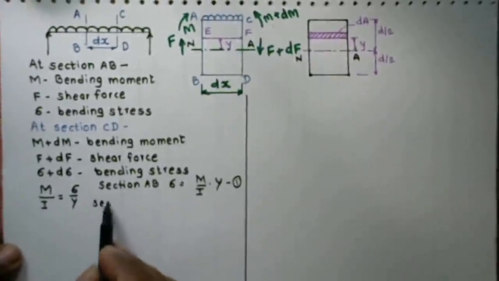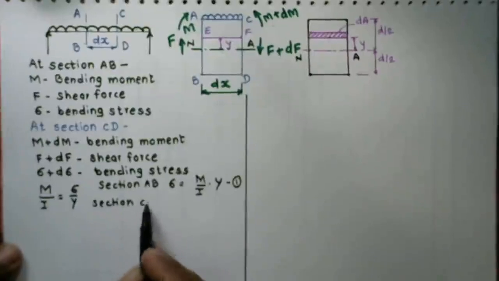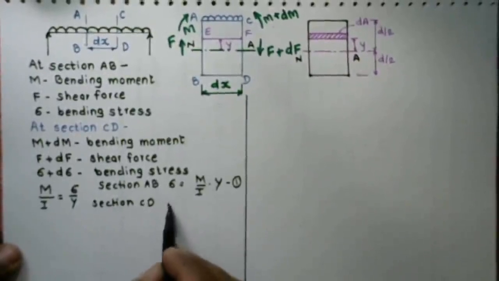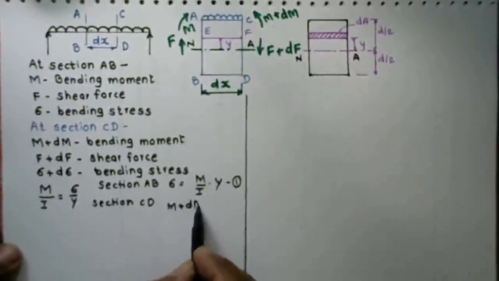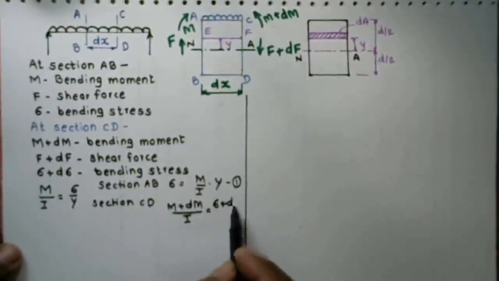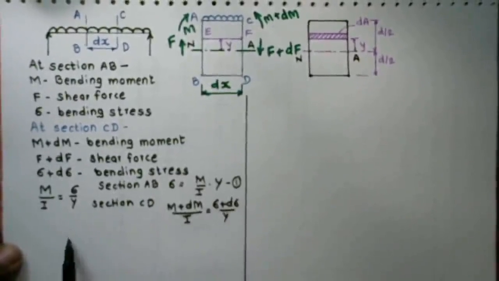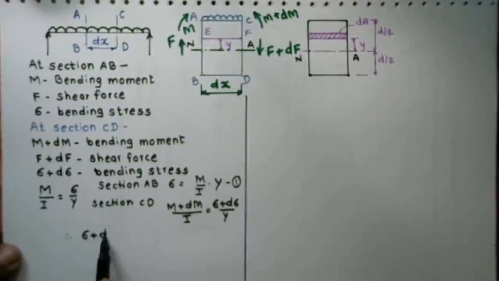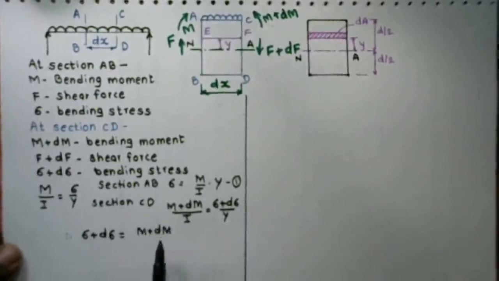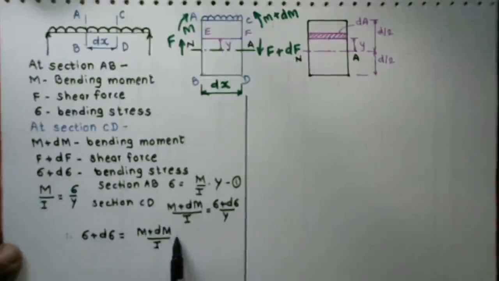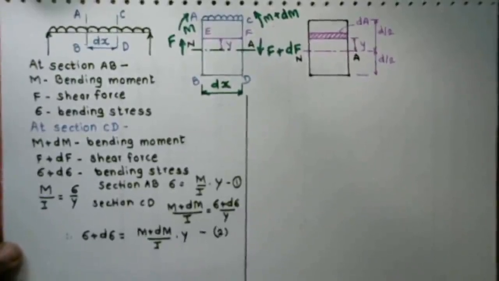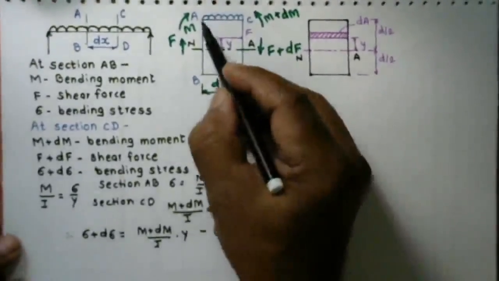Similarly, for section CD, the stress formula becomes (M plus dM) upon I is equal to (sigma plus d sigma) upon y. Therefore, sigma plus d sigma is equal to (M plus dM) upon I into y, say equation number 2.